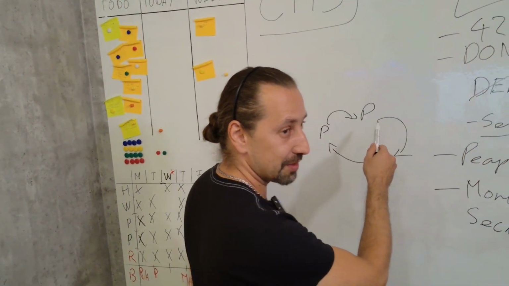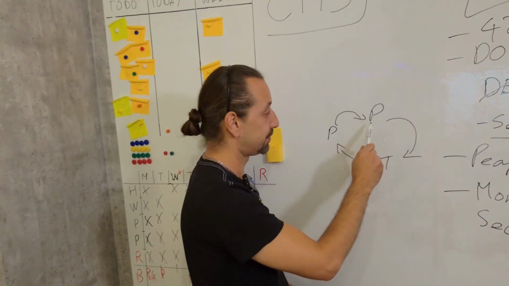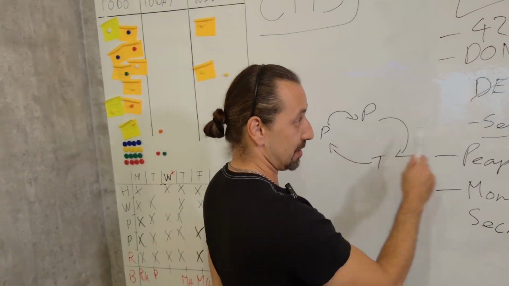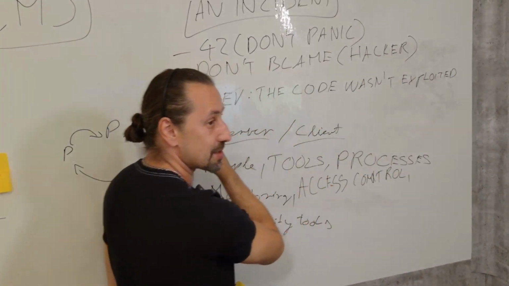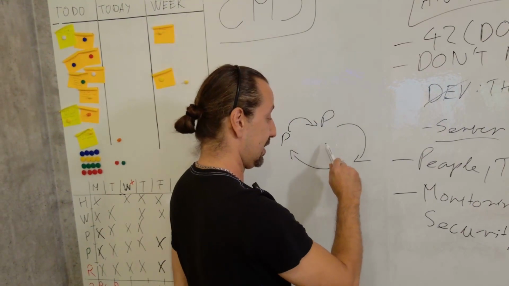This is back to this infinite cycle. If something happened, maybe a person involved, actually a hacker is the person that was involved in this cycle.